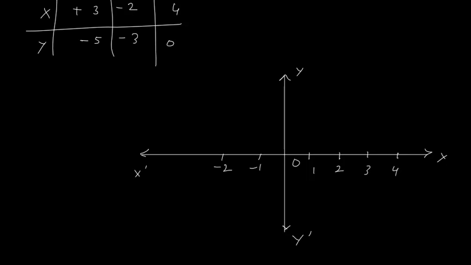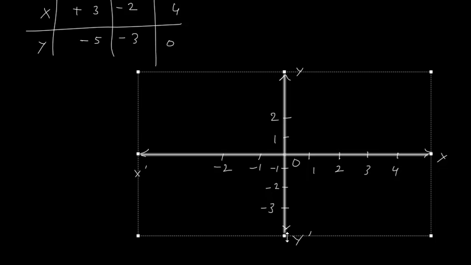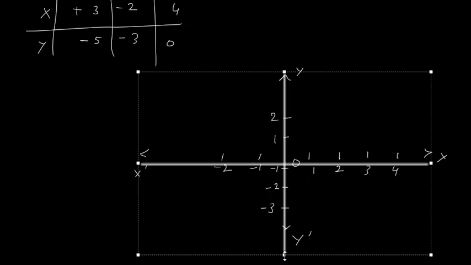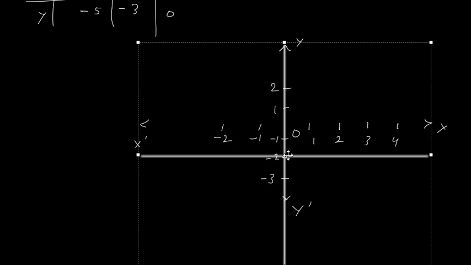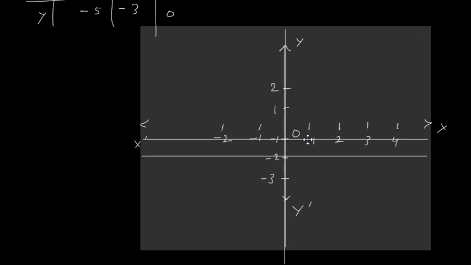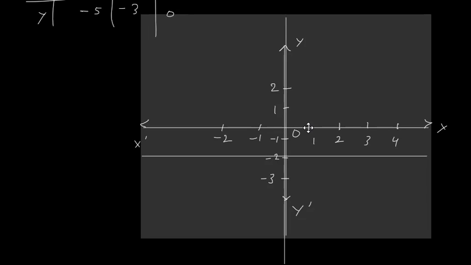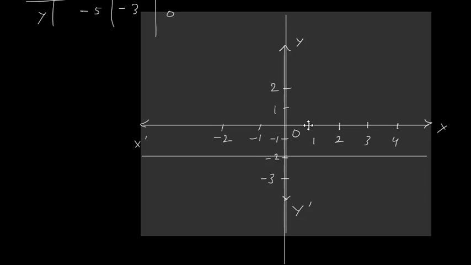On the upper side, the positive value of y is 0 only, so all values are negative, but still write 1, 2. On the negative side we have minus 1, minus 2, minus 3, so I have to extend it further. So let us extend it on this side.